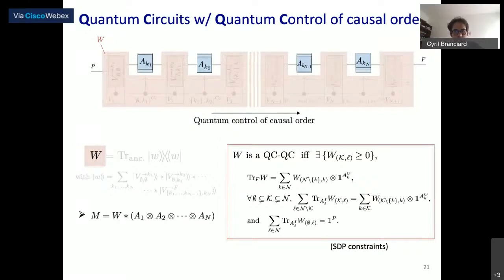Which is nice, once again, if we want to optimize some tasks, or if we want to check whether a given W matrix is in this class or not. And again, we have a constructive way, given a W matrix which does satisfy this characterization, to obtain the corresponding circuit in a non-unique way, that is, to obtain the operations to plug in or to compose in this way to build the circuit.